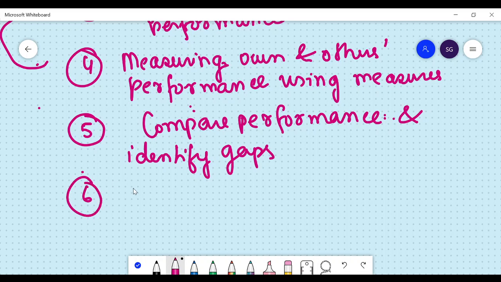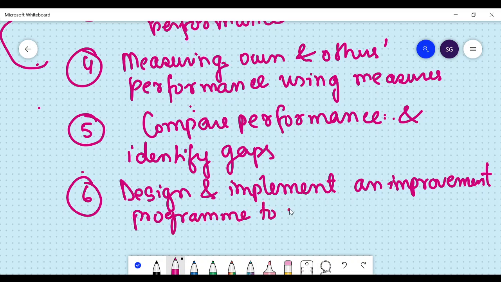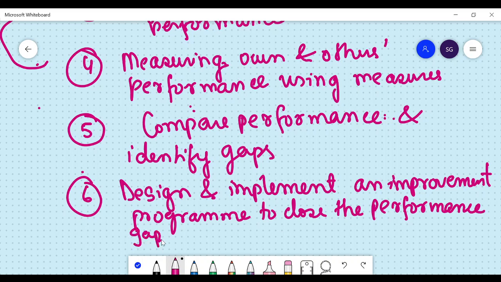Next step is design and implement an improvement program to close the performance gaps identified.